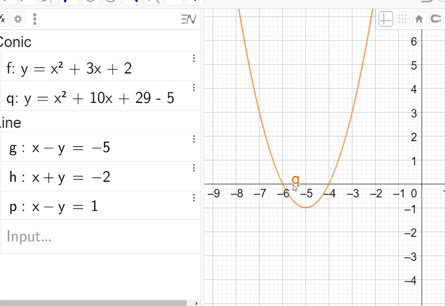So that means that it's cutting the x-axis now at x is minus 4 and x is minus 6. So it has 2 distinct real roots now, because I've subtracted a number that is less than minus 4 away from my original quadratic. So this is why it's saying that when k is less than minus 4, we're going to end up with 2 distinct real roots.